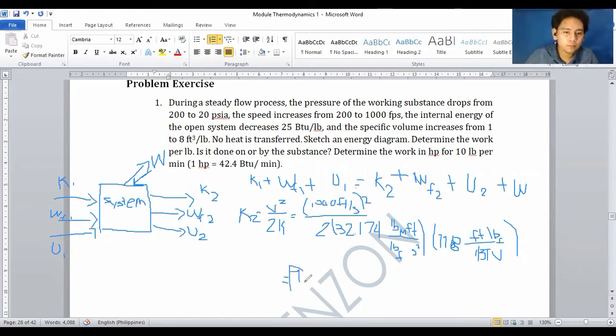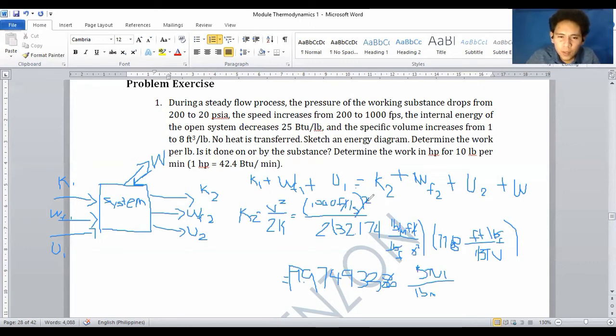K2 is 19.97493386 BTU per pound mass. Why? We cancel feet, we cancel second squared, we cancel pound force.